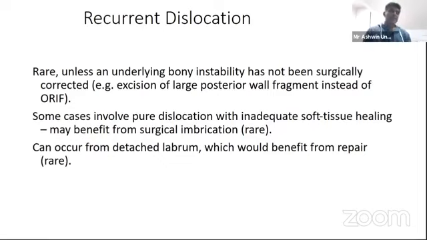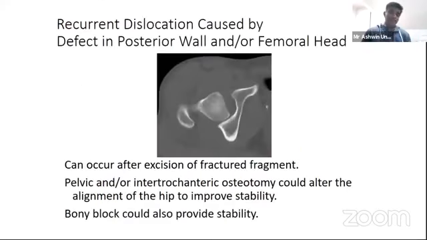In Ehlers-Danlos syndrome, I have had patients who say the hip comes out and goes back in, but I'm not entirely sure that I have any X-rays or MRI scans to prove so. Recurrent dislocations can occur because of a defect in the femoral head or the posterior wall.